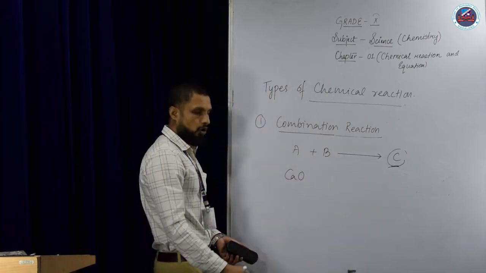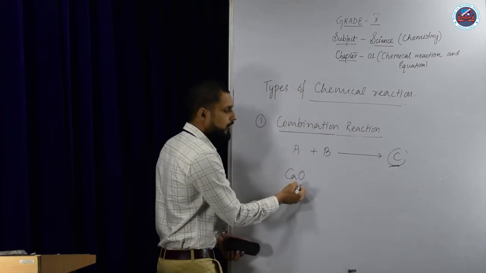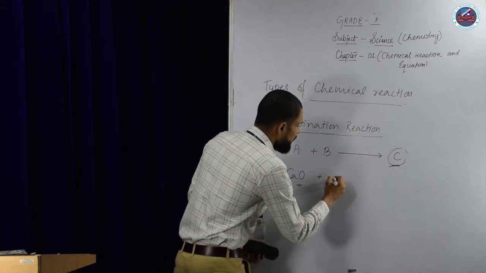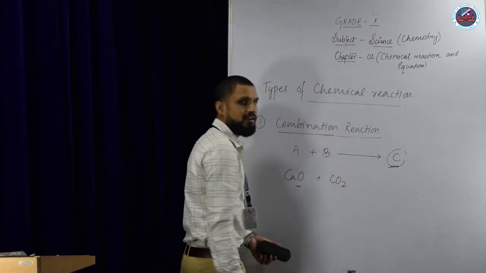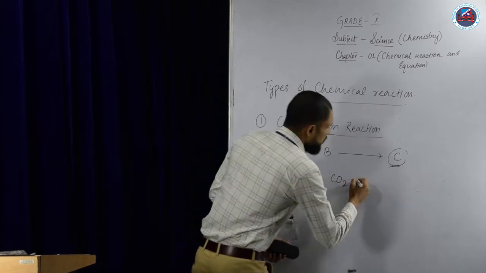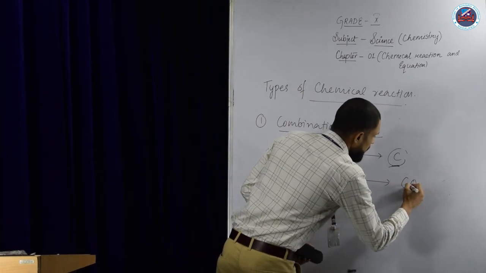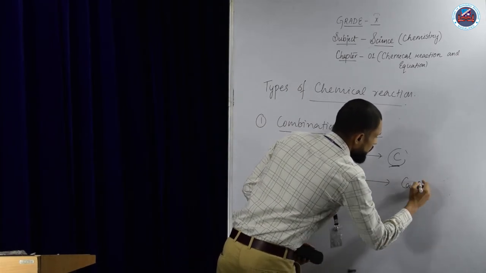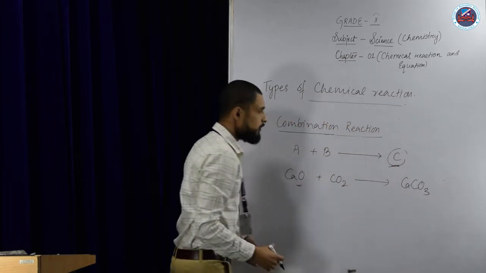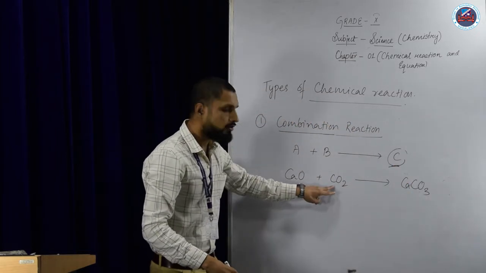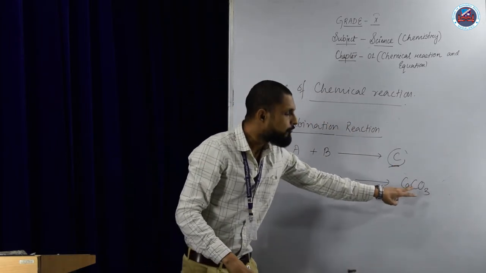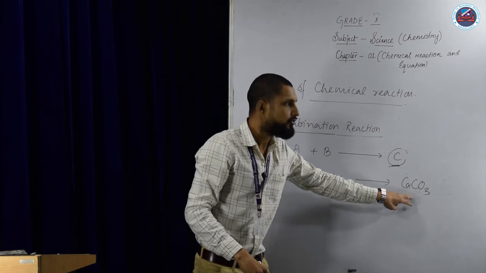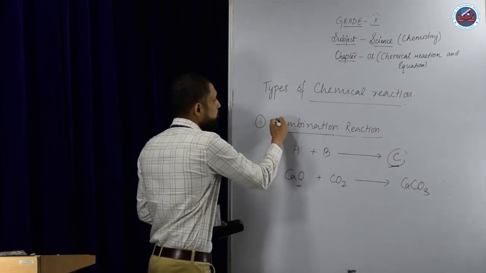CaO, calcium oxide, which is also known as lime, plus CO2, that is carbon dioxide, combines to form CaCO3. So you can see here, 2 reactants combine to form a single product, which is an example of combination reaction.